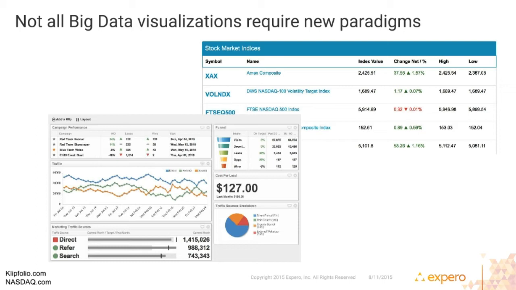Although the way it manifests is simple, there's a lot of convergence that needs to happen between different data sources to display something as simple as an index, for example. A lot of dashboard and a lot of trend-based information, a lot of that still works very well for big data, so not everything requires a new paradigm.